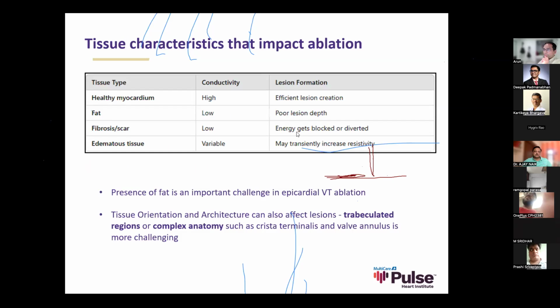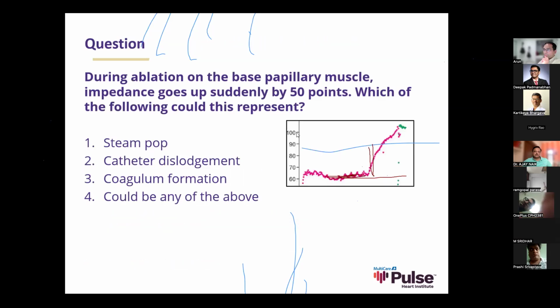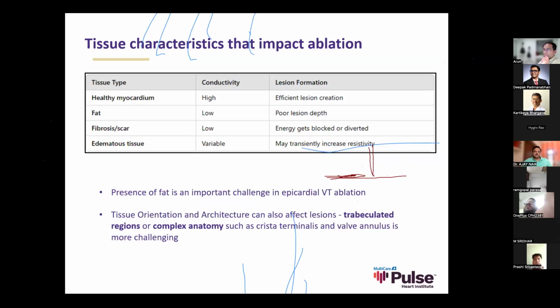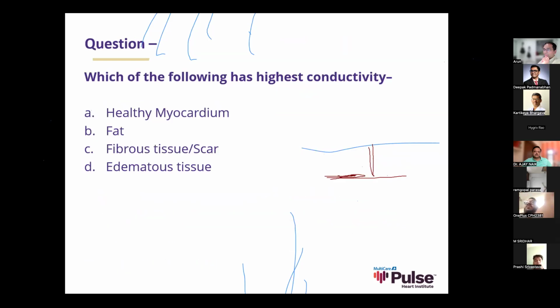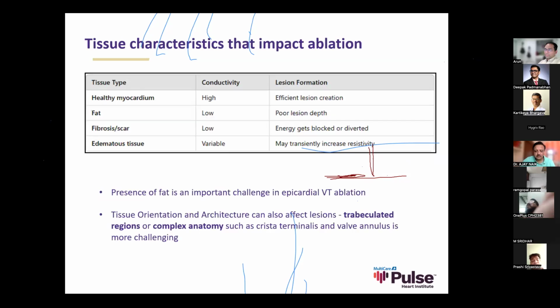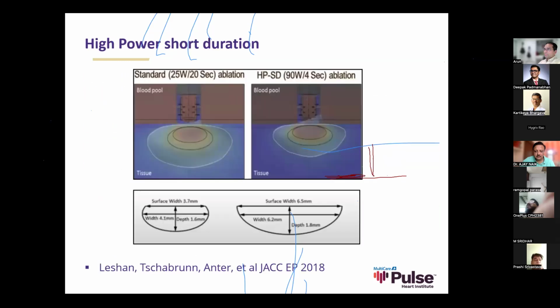And another company has added impedance also to these three factors, and that is probably called lesion index. So just to incorporate different factors and combine them into one parameter that you can actually look at while you're doing ablation. Otherwise it's almost impossible to know, because of the multitude of factors, whether your lesion is actually being made or not.